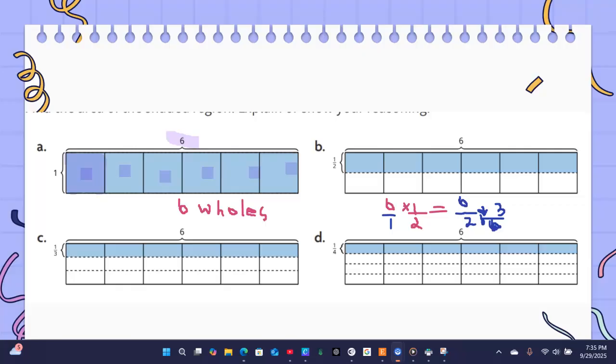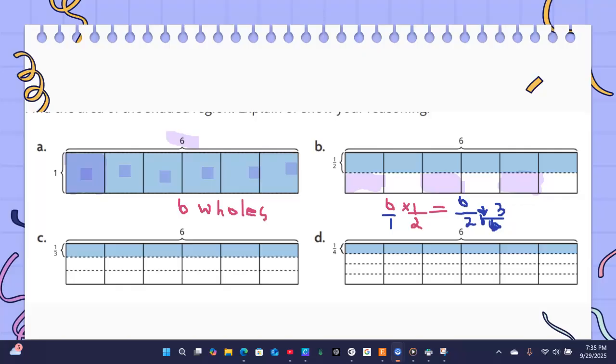Here's a visual representation of what you can do. If I had this portion shaded right here, I could take it and shade it down here. And I could take this portion and shade it down here. And this portion right here, I could shade down here.